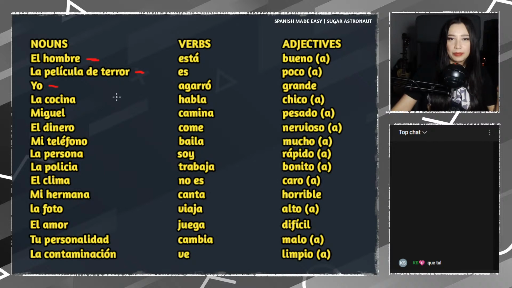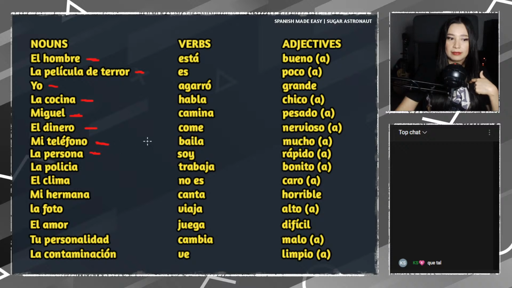I mean, that is a pronoun, but I just added it there, because usually at the beginning of a sentence, you can have a personal pronoun. Remember, in Spanish, we don't have to say them all the time. You don't say yo, tú, él, nosotros, ustedes, ellos all the time. We can just say the verb and then the adjective. Okay? That's when talking about personal pronouns. La cocina, the kitchen. Miguel, well, that's a name. El dinero, money. Mi teléfono, my phone.